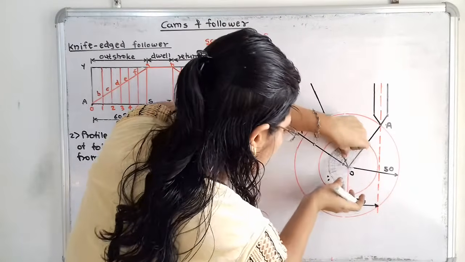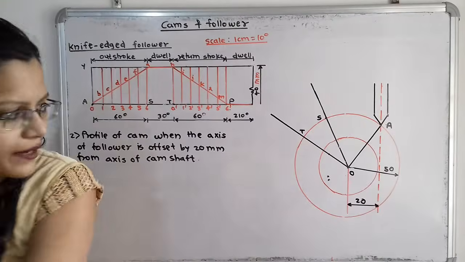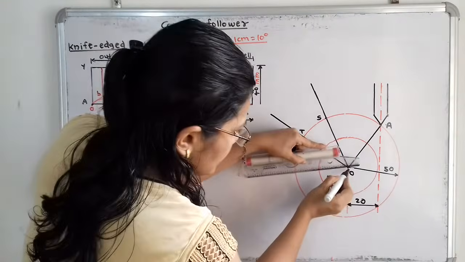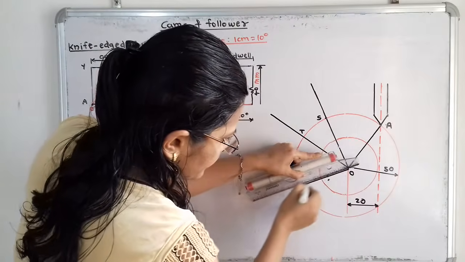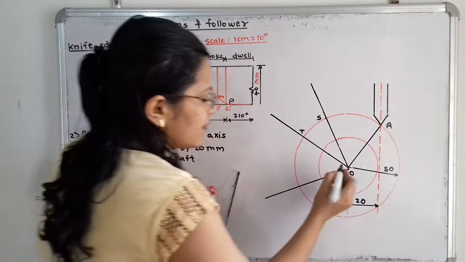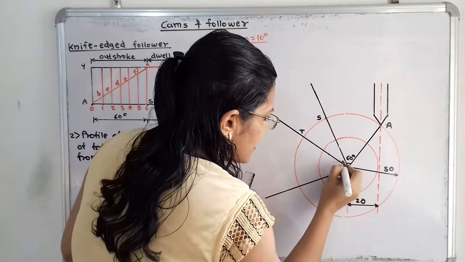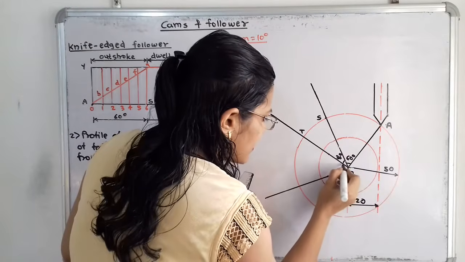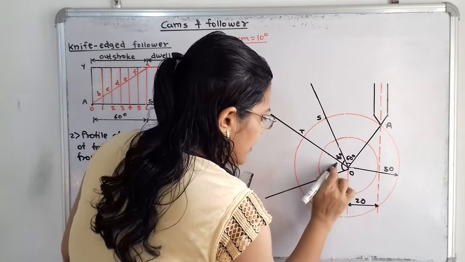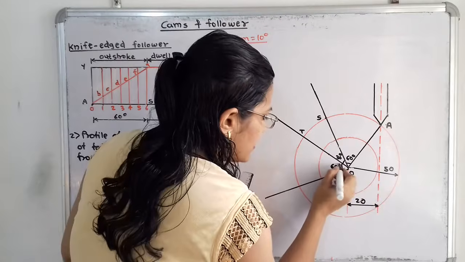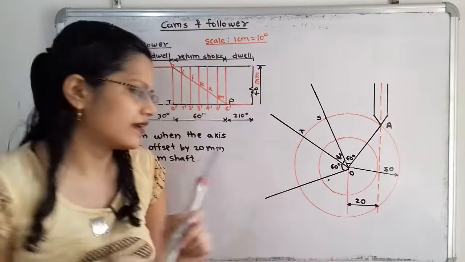Here is the point, so again we have to draw one line passing through this point. So I will give here 60 degree, then 30 degree, and again 60 degree, and the remaining is 210 degree. So this is the remaining angle.